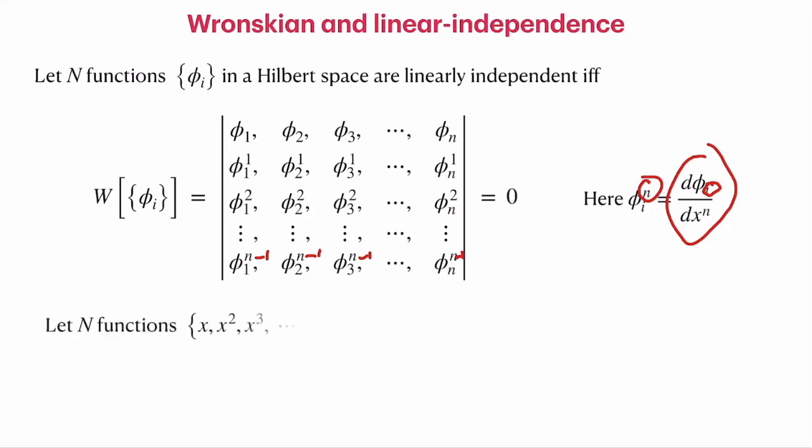So if the functions are linearly independent, then their Wronskian is non-zero.